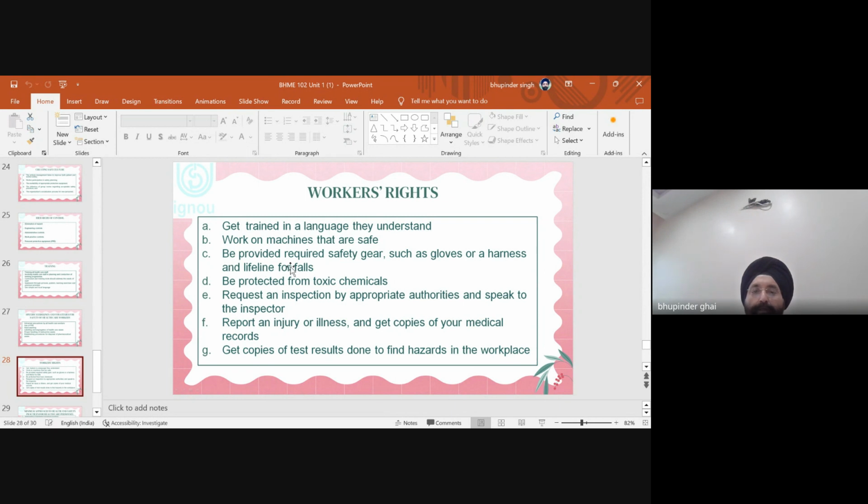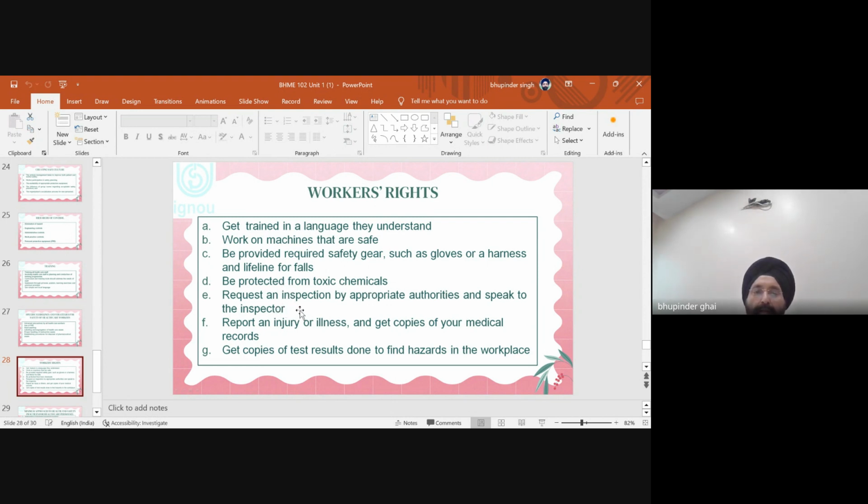They must be provided required safety gear such as gloves and harness and lifeline for fall. So you need to provide all the safety gear to the workers who are exposed to hazards, or if they are working at a height, you need to provide them a harness or lifeline to prevent a fall. They must be protected from toxic chemicals.